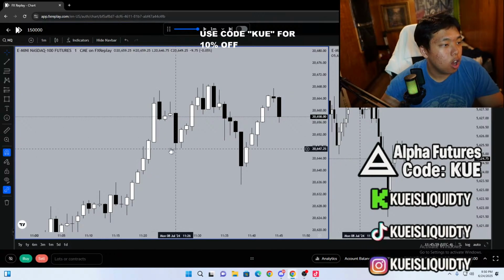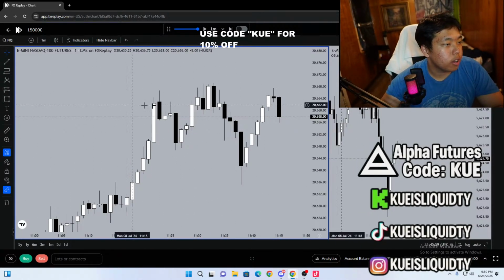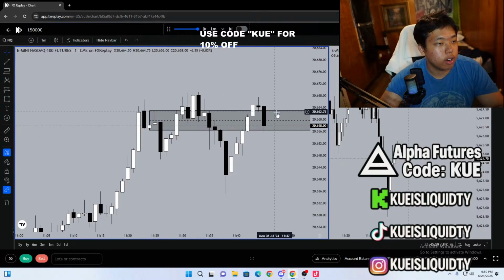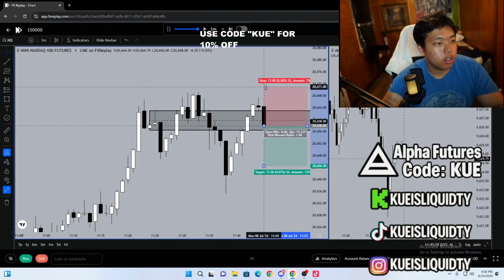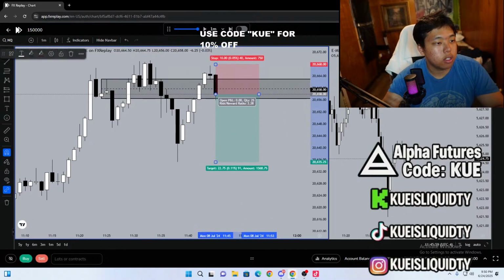High, low, high. This was our breaker. Actually, I'll go and enter here again. We wouldn't have gotten stopped out, honestly.